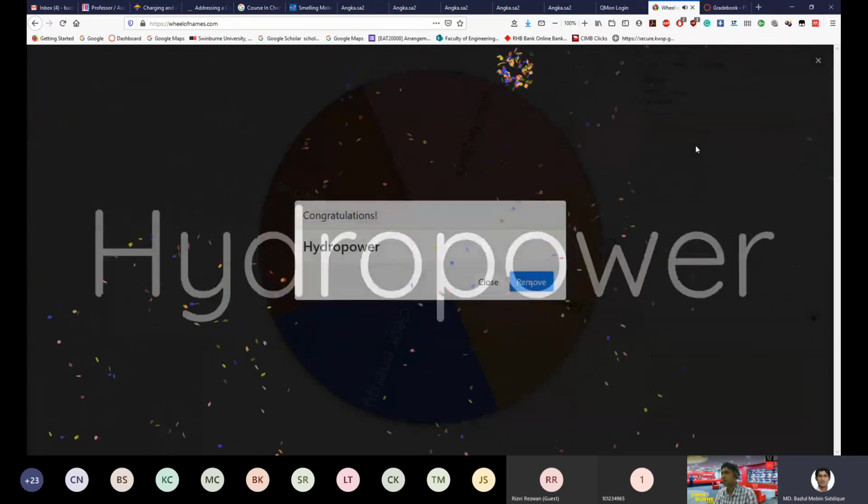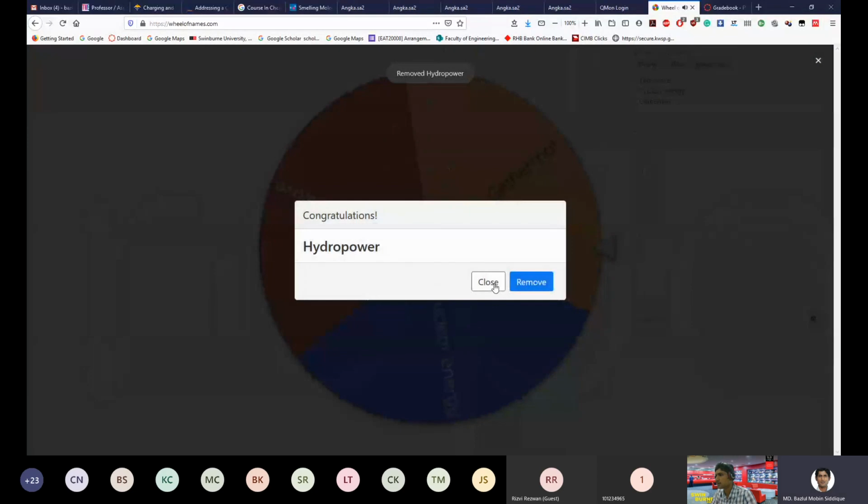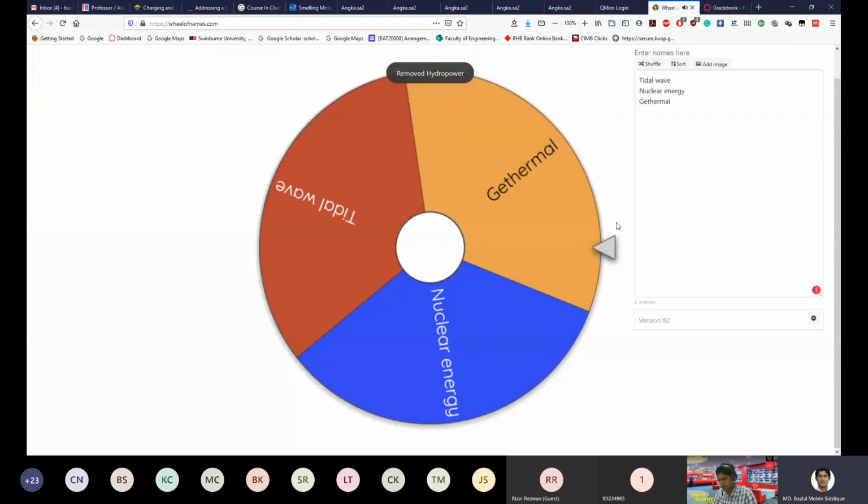Group 2, hydropower. And now group 2 gone, group 3. 6th is group 3.